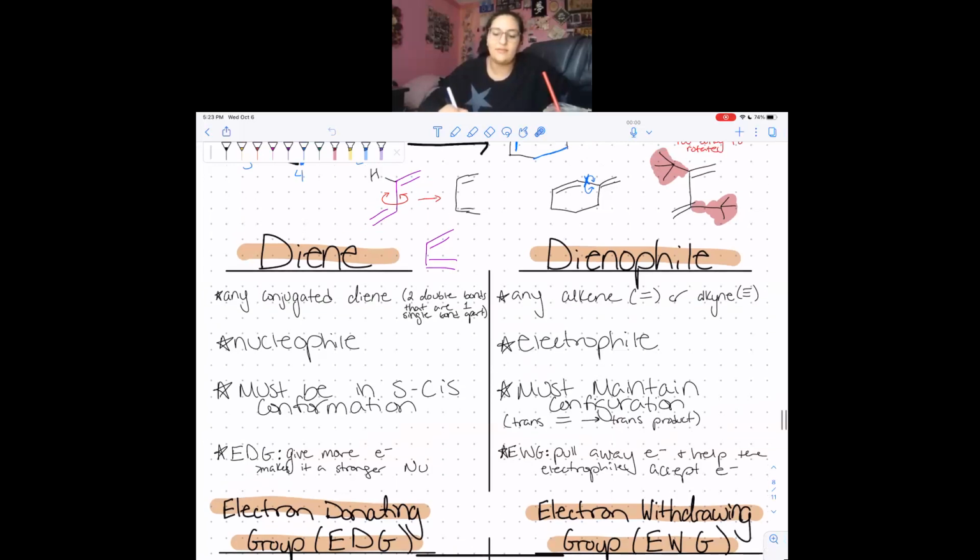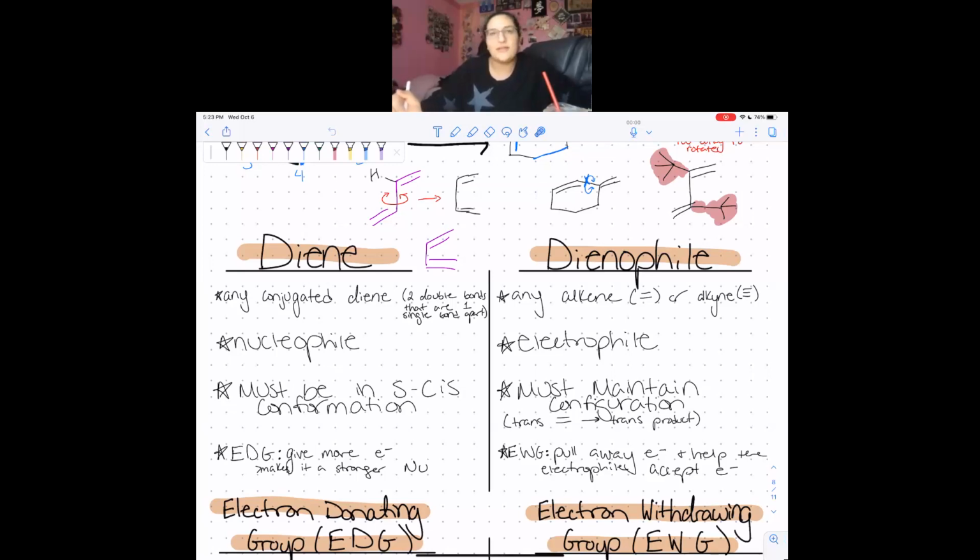So let's say we have this. We can rotate the single bond in the middle and turn it to S-cis. Versus if we're locked in a ring or if we have tert butyl, you can't rotate, so these would not react. This is a good thing to note because he loves to ask you a question with these, and you have to know that it won't react.